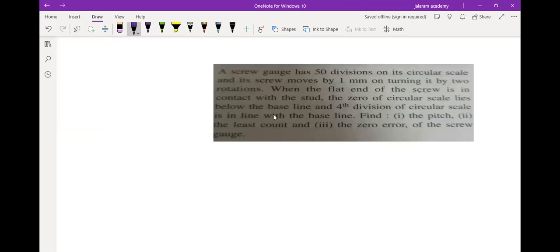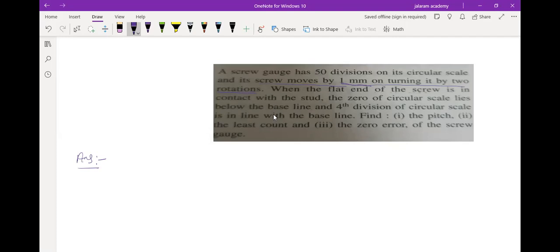Sir, it moves by 1 mm in two rotations. So the first formation is: pitch of the screw, the horizontal distance traveled by the screw in 2 rotations equals 1 mm.